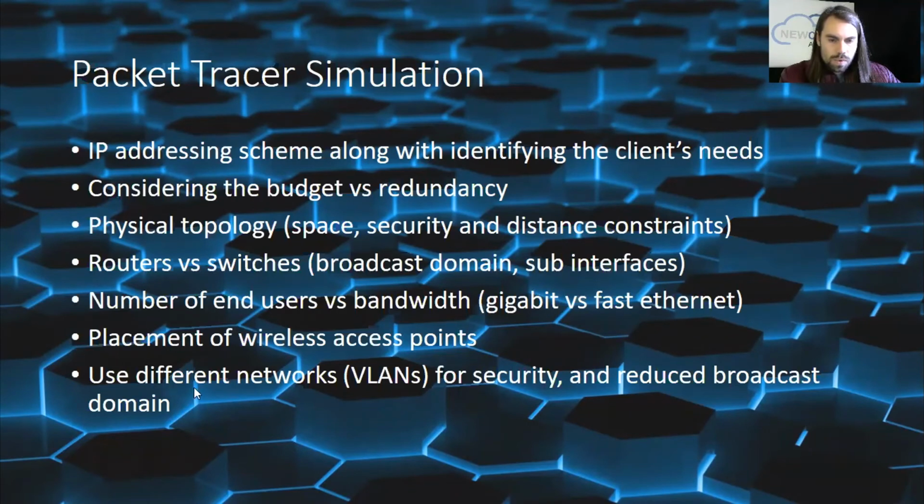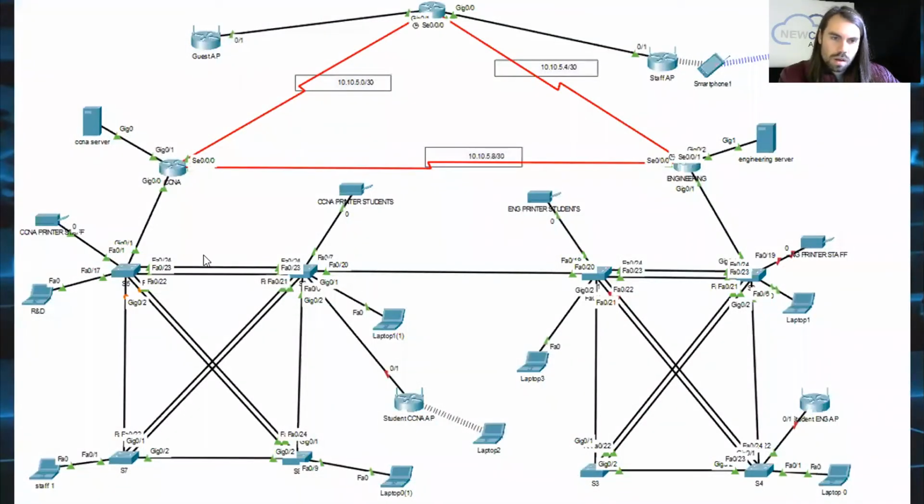The last point is VLANs, as I touched on before, to reduce the broadcast domain and reduce the costs of setting up 3 different networks. In this case, we have a staff, a guest, and a student VLAN.